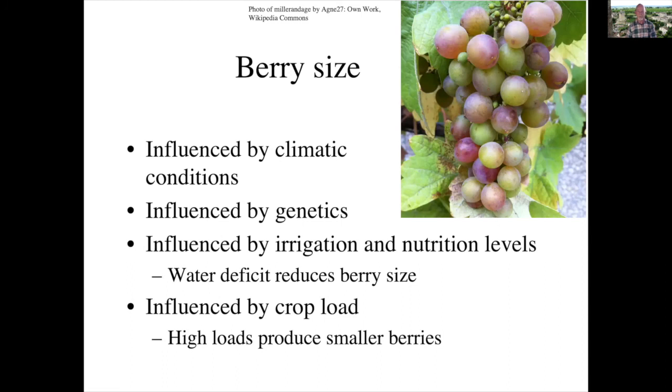So, berry size. On the right, you can see a picture of conditions that happened as a result of some cold temperatures, usually. Millerandage is the name of this phenomenon, or hens and chicks, or there are different names for it.